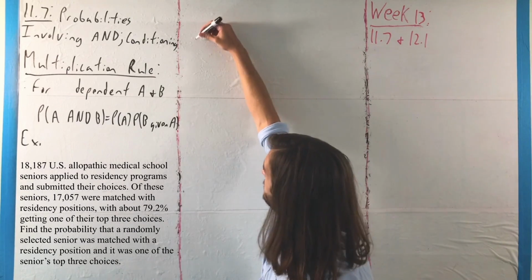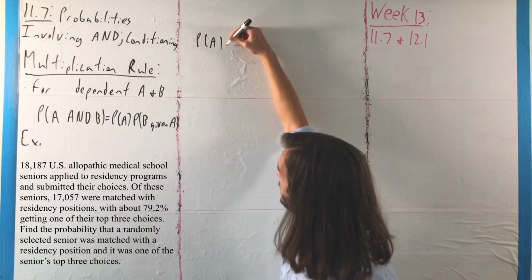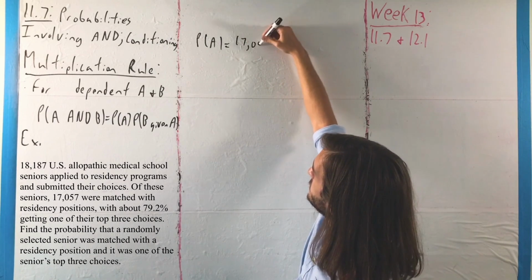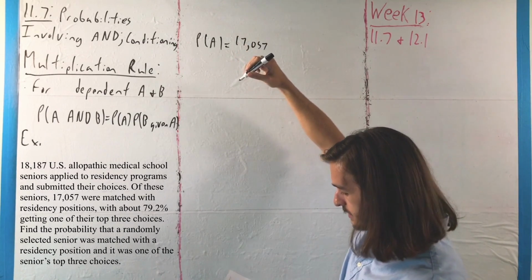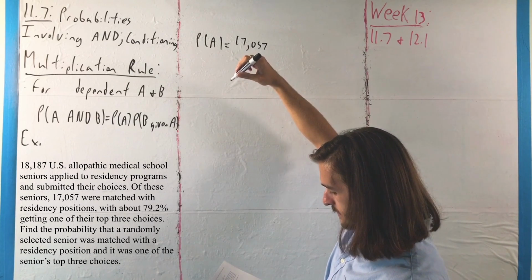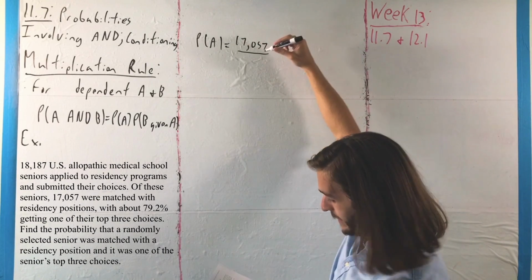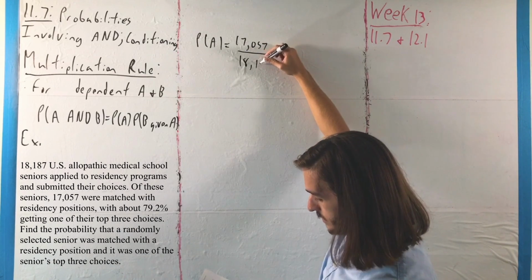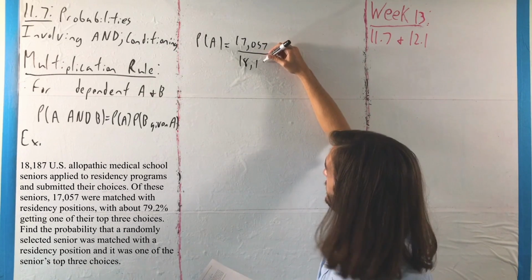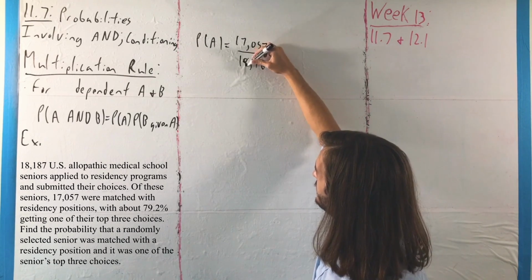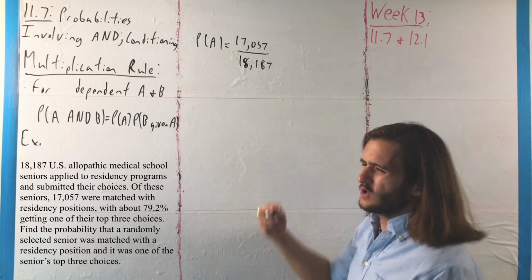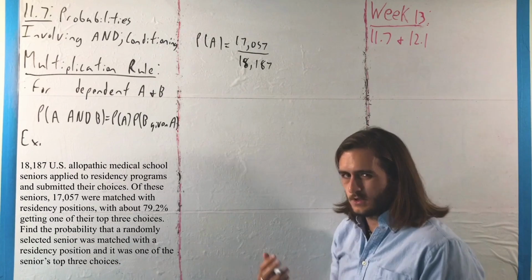Based on what we're given, the probability of A would be one of those 17,057 who did get into a residency position out of the 18,187 total students.